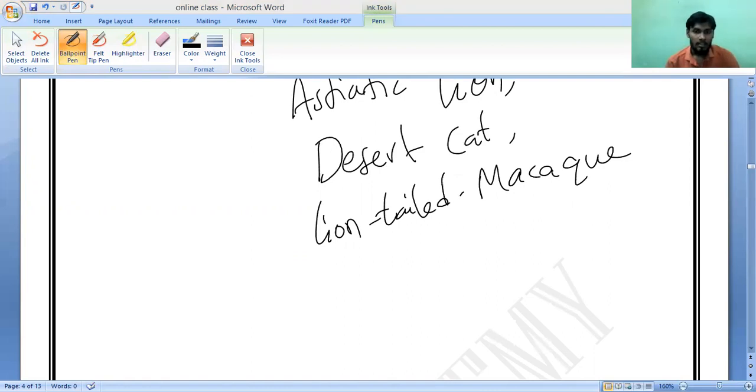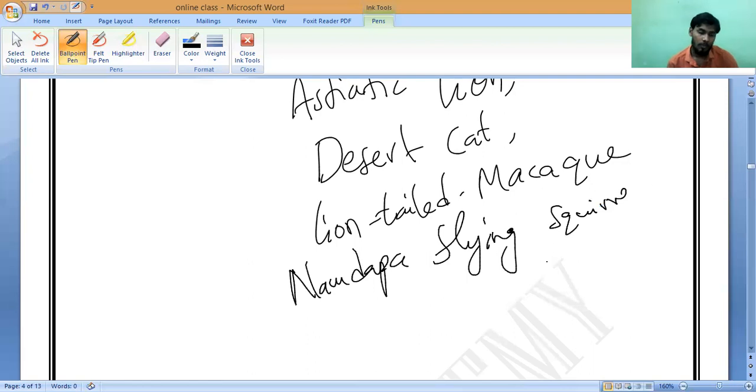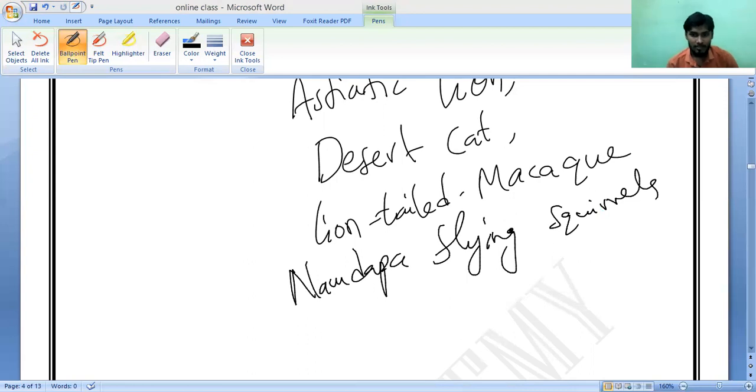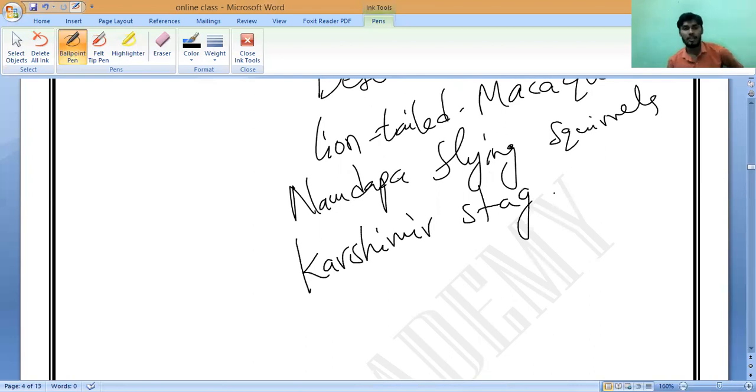Next, Namdapa flying squirrel, and Kashmir stag. Okay, shall we see these animals quickly?